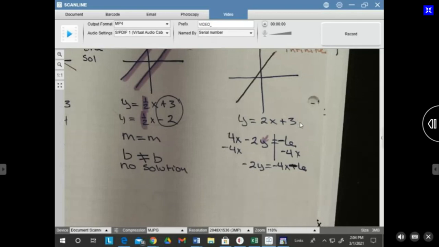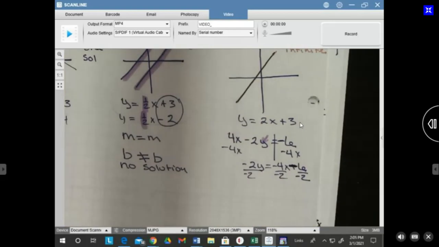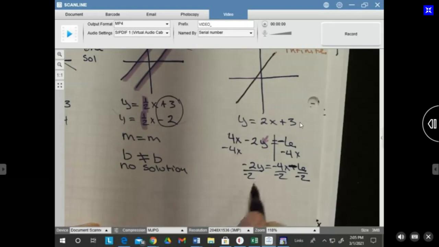Now what's the next step to getting that y by itself? You have to divide by that negative 2, not once, but 3 times. And then I get y equals 2x plus 3.